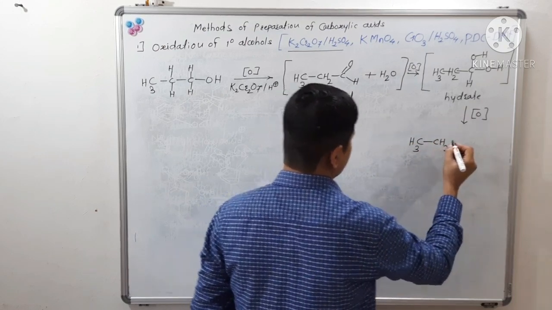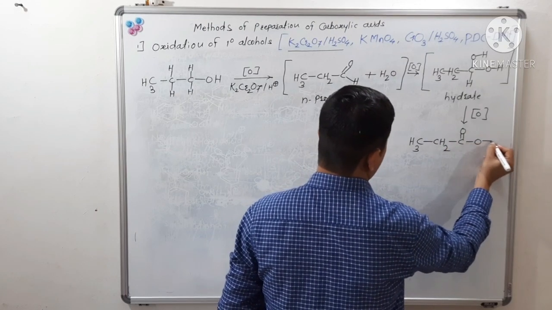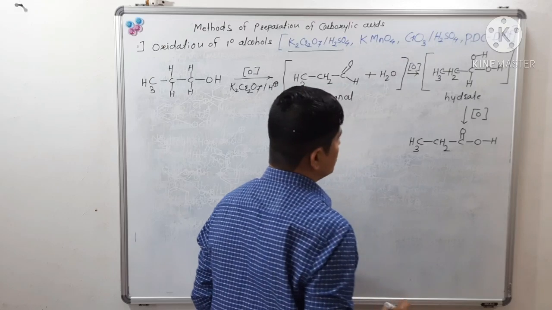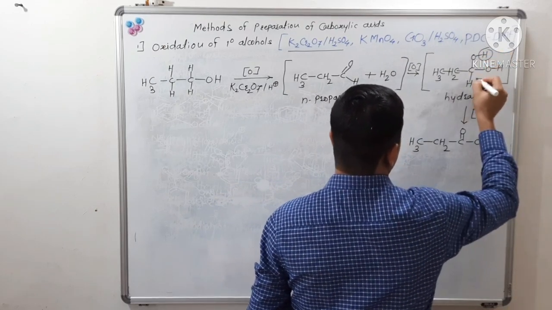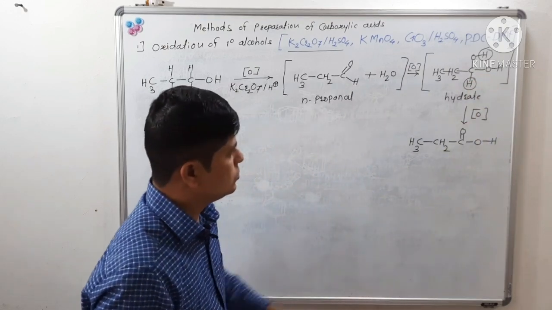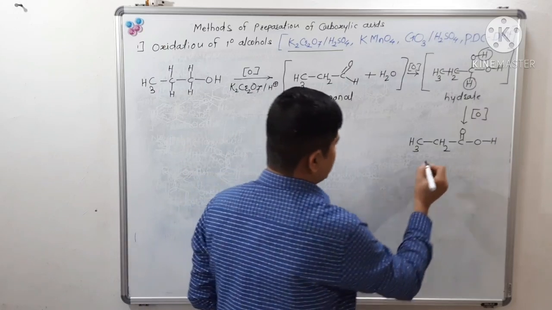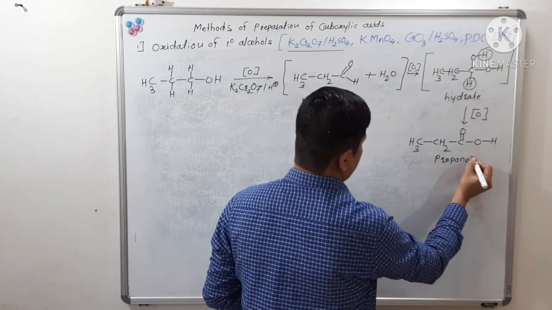CH3CH2COOH. This hydrogen and this hydrogen will get removed out, so we will get propanoic acid.